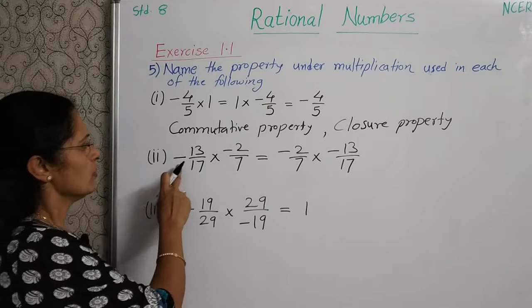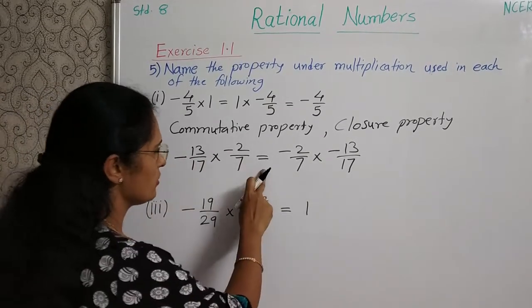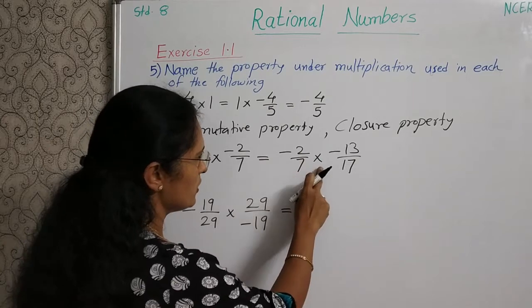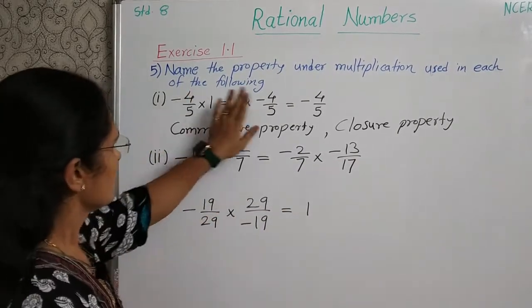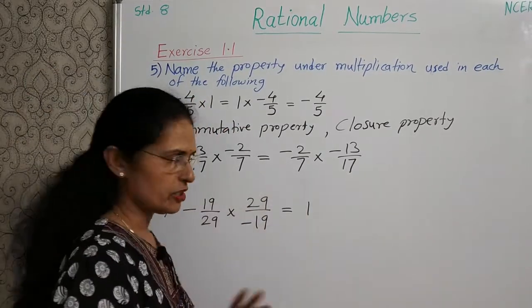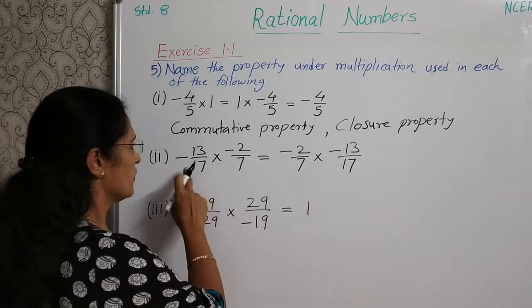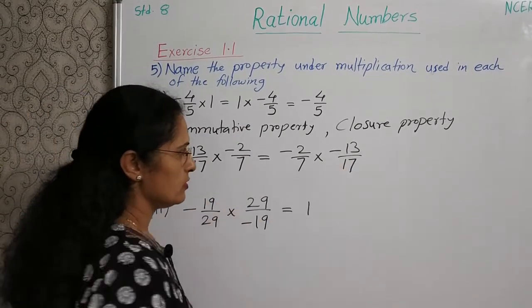Now second, minus 13 by 17 into minus 2 by 7 is equal to minus 2 by 7 into minus 13 by 17. So it is like this. The numbers' places are interchanged. First here minus 13 by 17, which is written here at the second place.